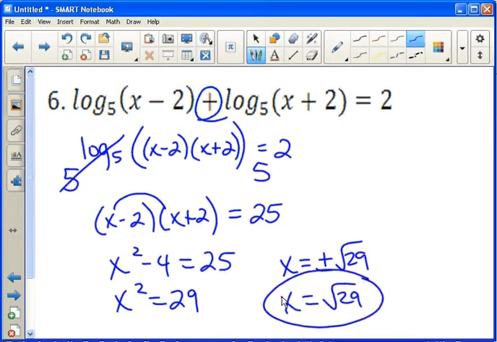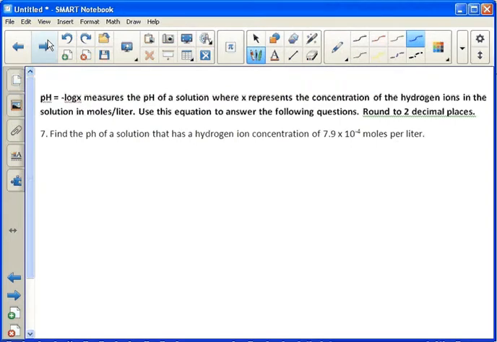Number 7, pH is equal to negative log of x, and that measures the pH of a solution where x represents the concentration of hydrogen ions in the solution in moles per liter. Use this equation to answer the following questions. Round to 2 decimal places. Find the pH of a solution that has a hydrogen ion concentration of 7.9 times 10 to the negative 4.